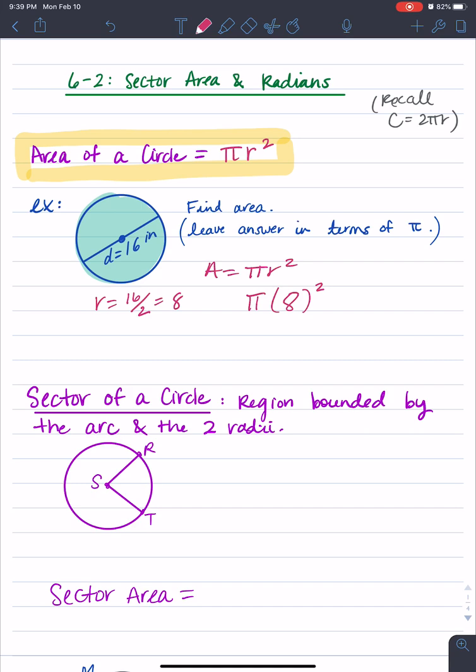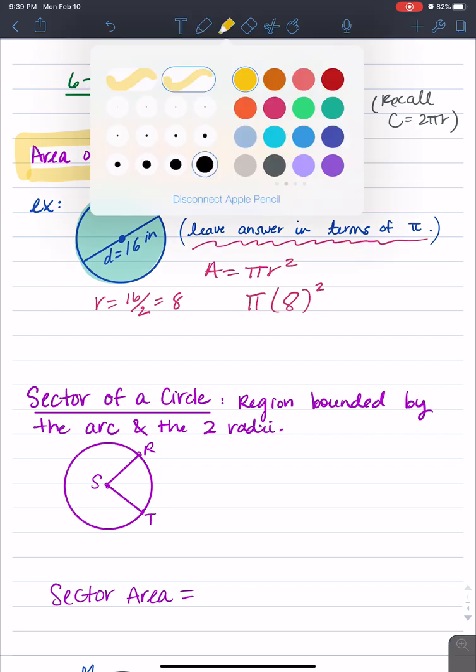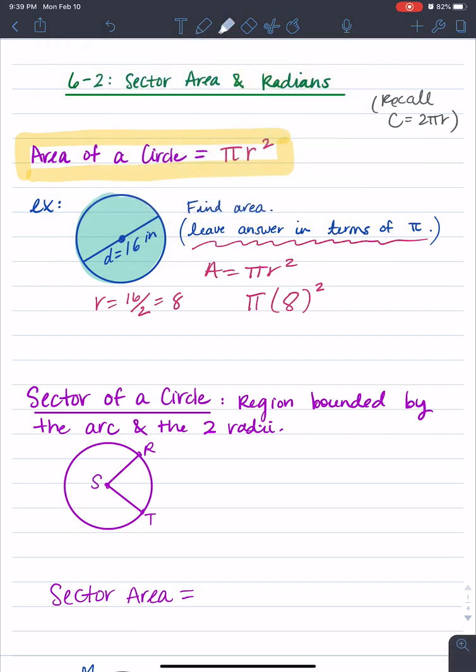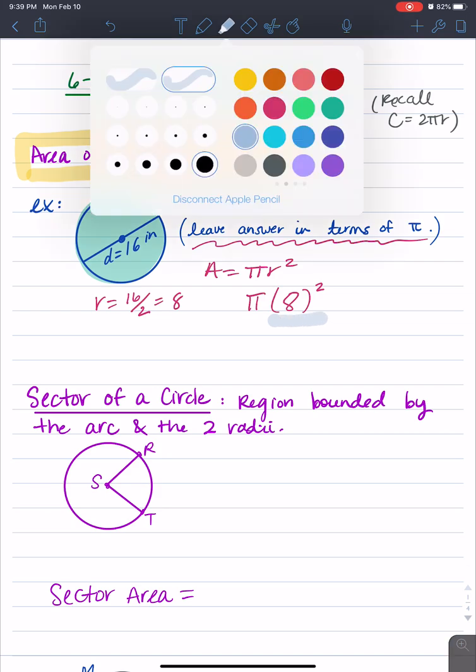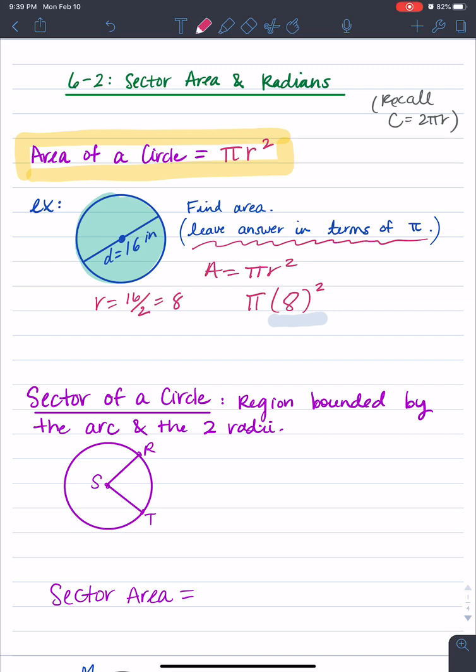And remember, when I say to leave your answer in terms of pi, it means you're not going to type the pi in the calculator. All you're going to be typing in the calculator is the numbers, 8 squared, which you can hopefully do in your head. Right, children? 8 times 8 is 64 pi.